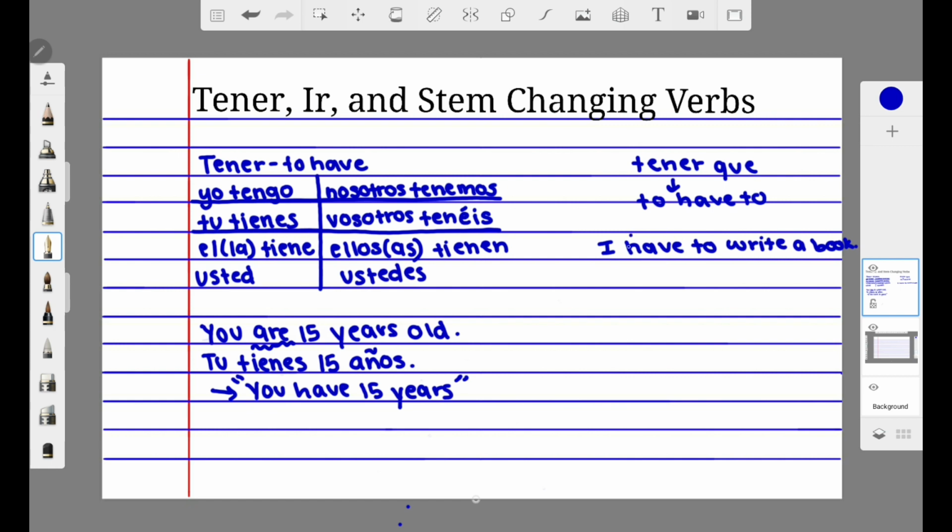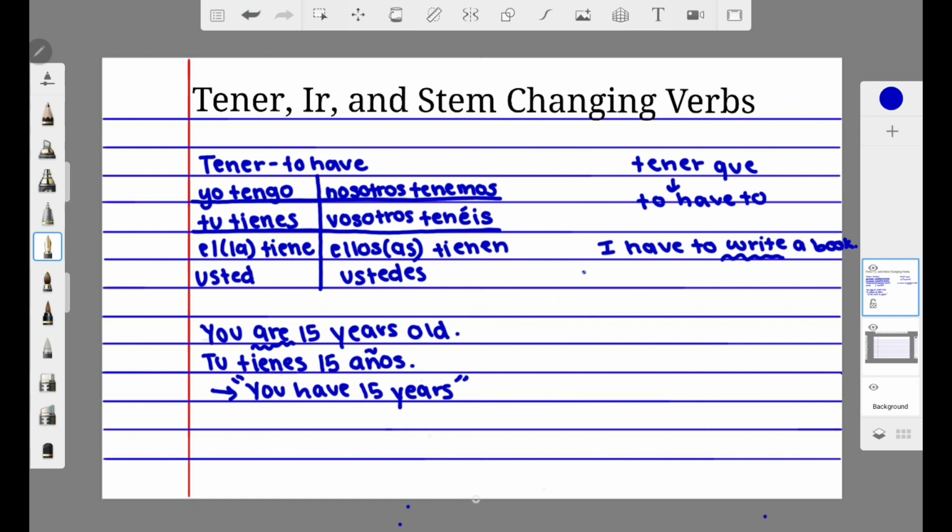Now, you still have that have. So that's your tener, and your have to translates to tener que. So in the same way, you're still going to conjugate tener in the same way, but the next verb will be a little bit different.